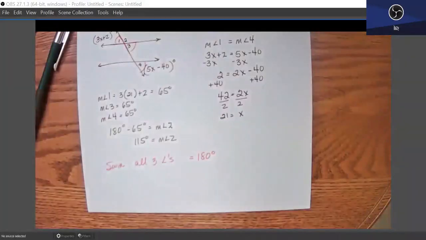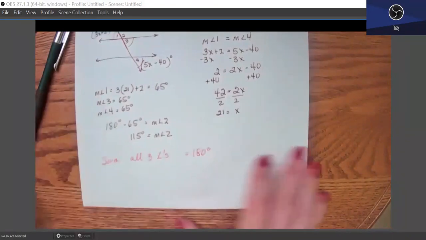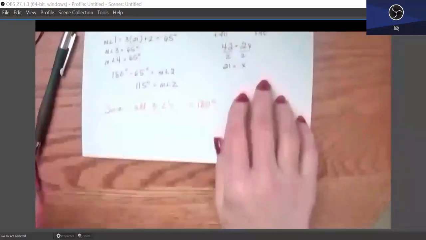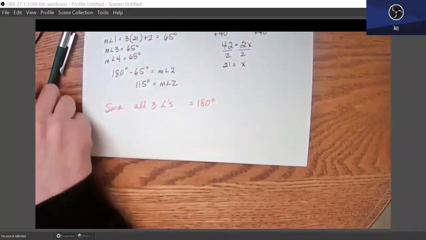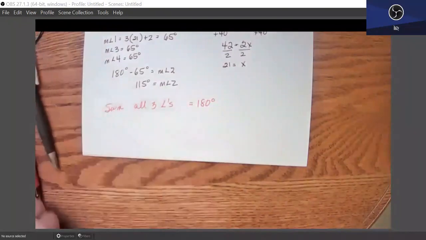So if the sum of all the angles of a triangle will always equal 180 degrees, let's look at example 2 on page 130. In example 2, we have a triangle here.